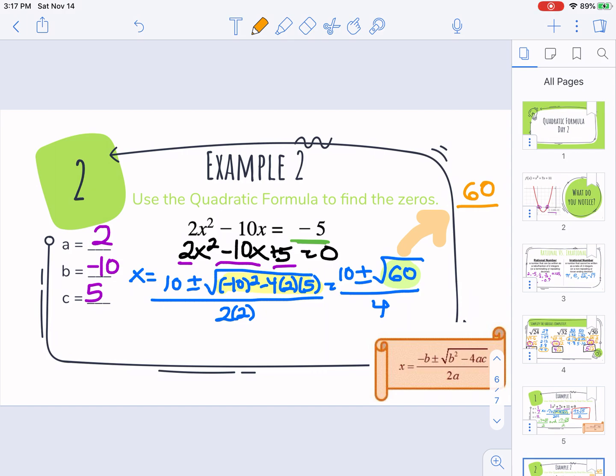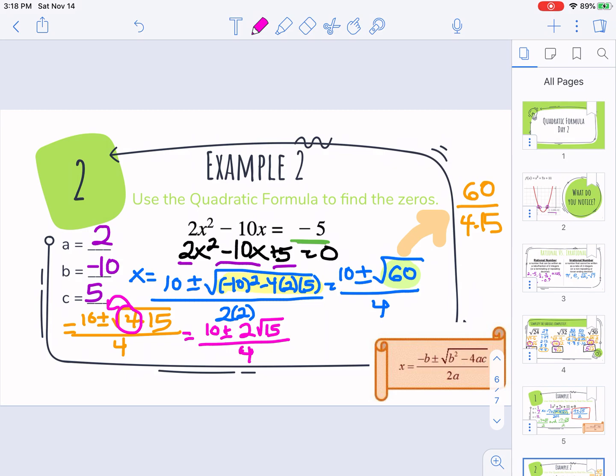So if we look at that, I see that I have a 4 times 15, and 4 is a perfect square. 15 can't be broken down to anything else. So if we continue on, we have 10 plus or minus the square root of 4 times 15, all divided by 4. I know that the square root of 4 is 2, so I can pull that out. So I'm left with 10 plus or minus 2 square root of 15, over 4.